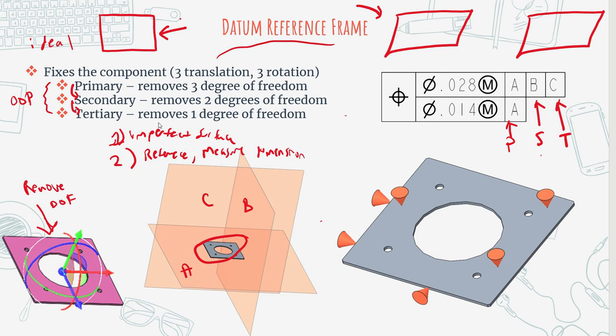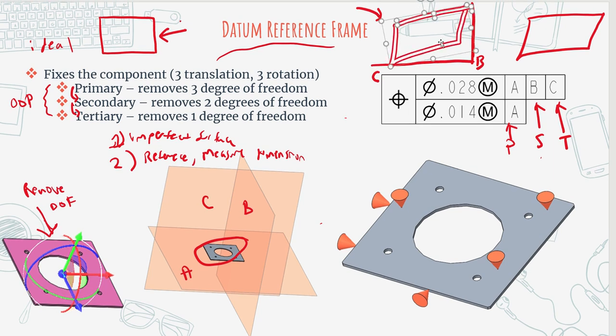So if I define this as datum B and define this as datum C, when I orient this, I'm going to first orient it along B, and then I'm going to orient it along C, and this is how my part looks when I'm going to begin measuring.